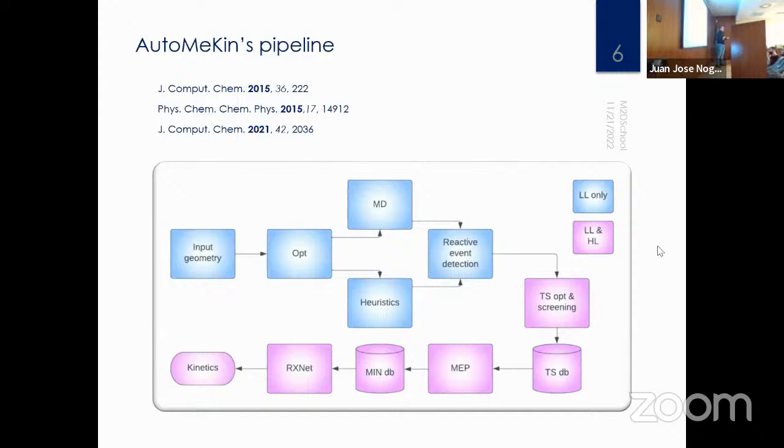The second thing is, it doesn't really matter whether you start from one molecule, so you study unimolecular reactions, you can get transition states for bimolecular reactions as well. The reason for that is that most of the MD simulations are high energy simulations. That means they do not follow the minimum energy path, or the IRC.